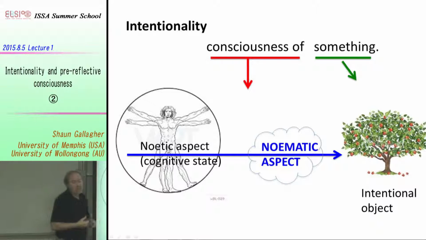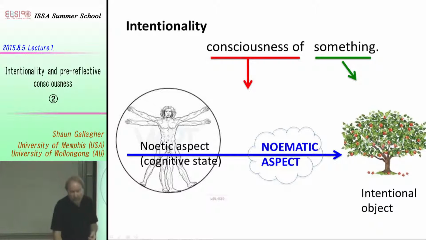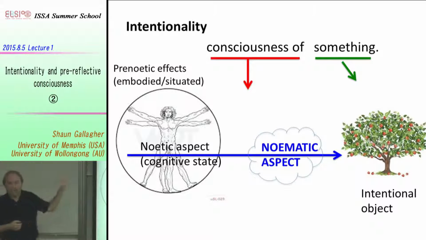The perceiver is an embodied perceiver. The person who's remembering or thinking or judging or whatever is obviously embodied and, let's say, situated. And that fact is what I sometimes refer to as having certain pre-noetic effects on our experience.